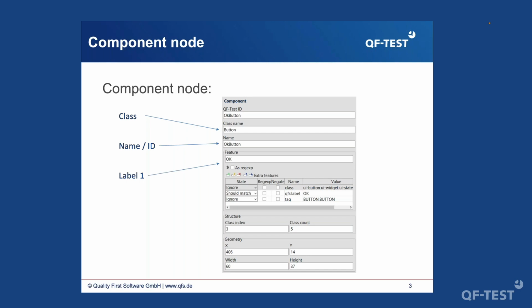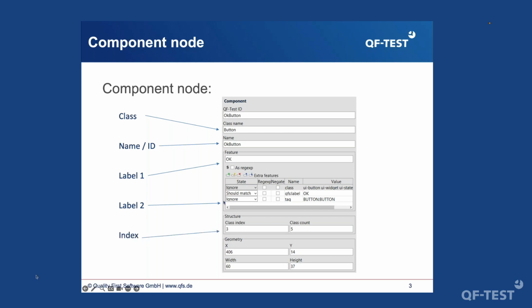For a button, it's the label directly displayed on the button itself, and for other components there are extra features. In this case, since it's just a simple button, we just have the QFS label OK. For others, there might be other additional information, like for images, the image hash of a specific image.